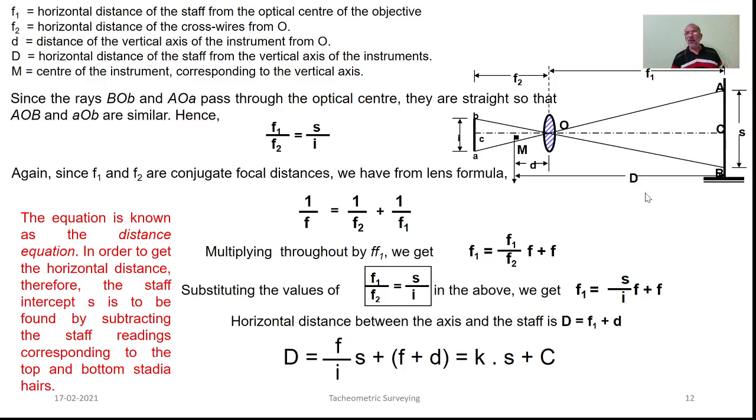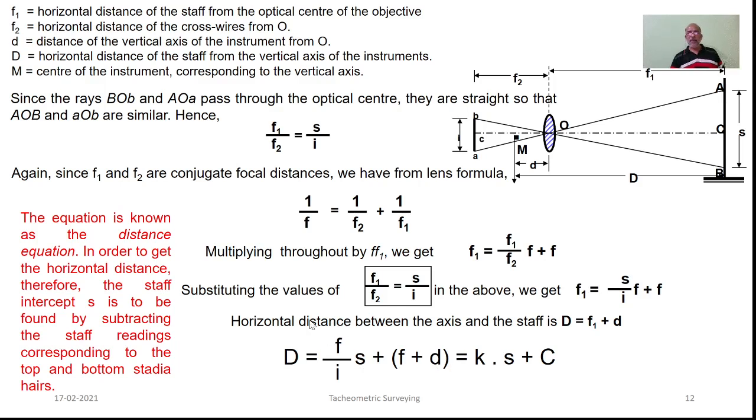As this horizontal distance is equal to f1 plus d, we have to add that d. So accordingly, the expression that we get is capital D is equal to f by i times S plus f plus d.